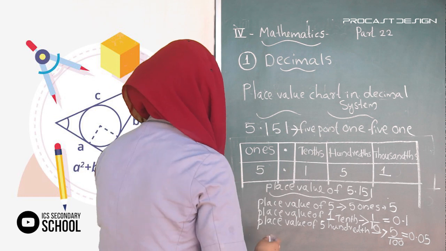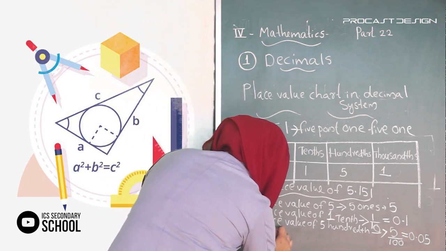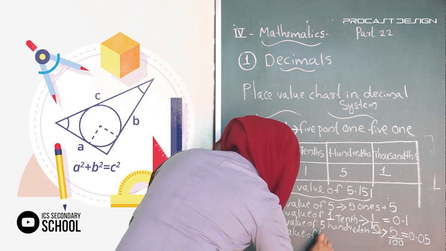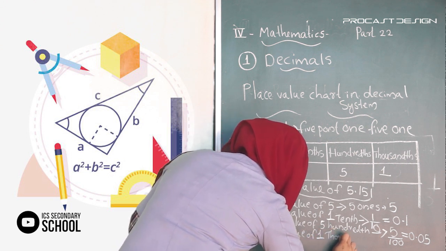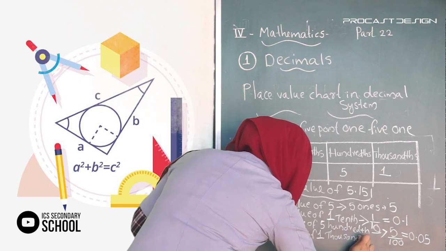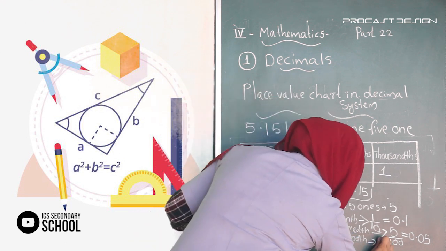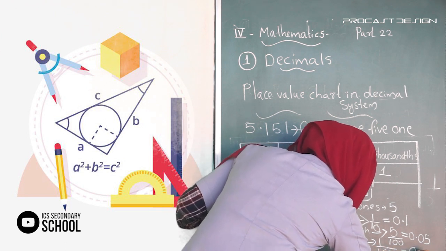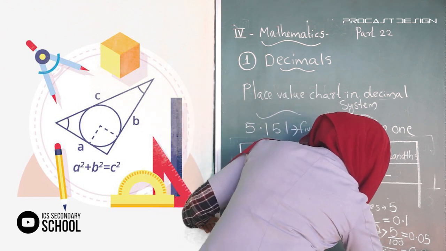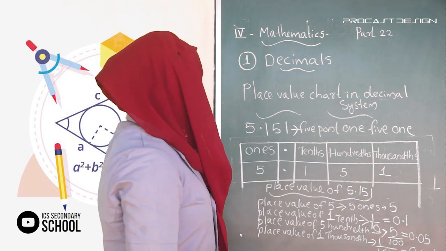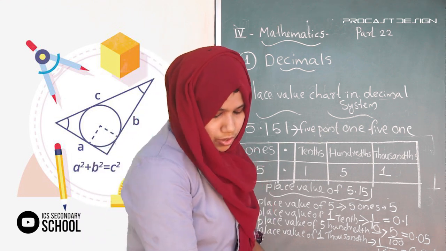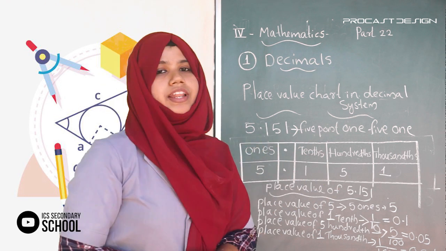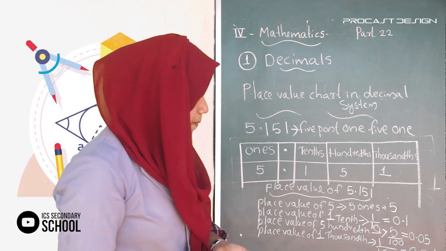Next the place value of 1 thousandth means 1/1000. So we can write as 0.001. Okay, 0.001. This is the place value of the digits of 5.151. Is it clear?